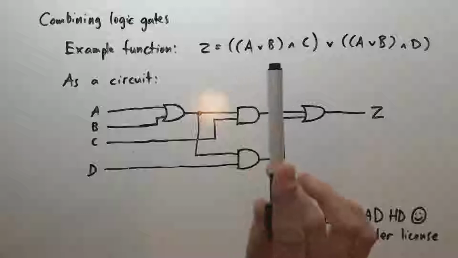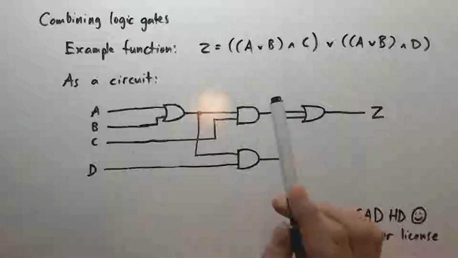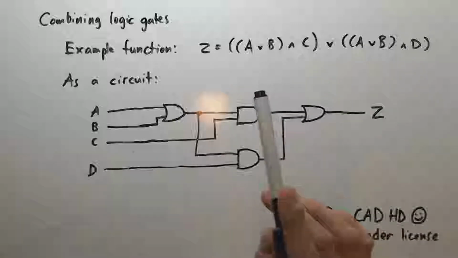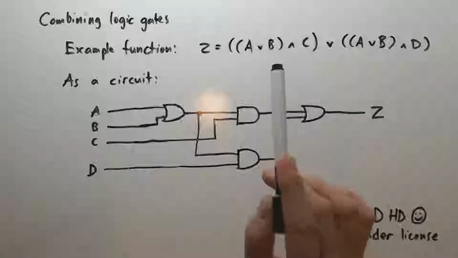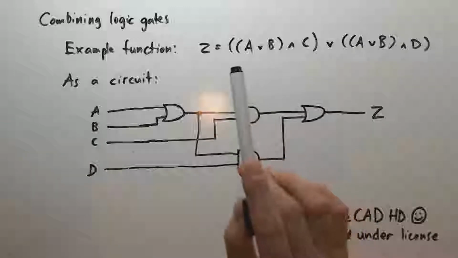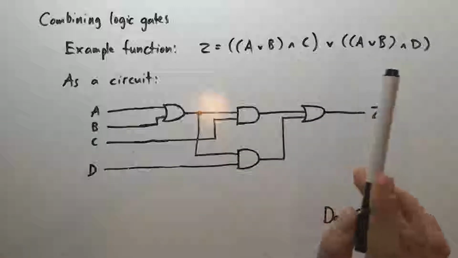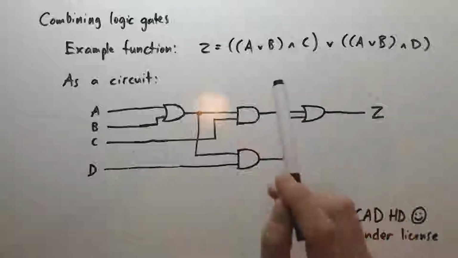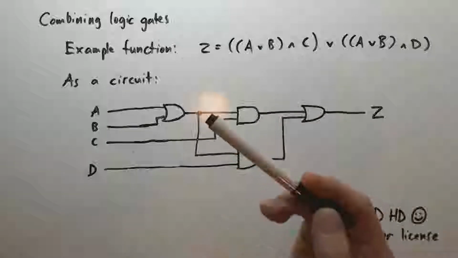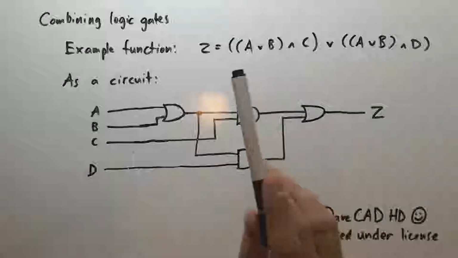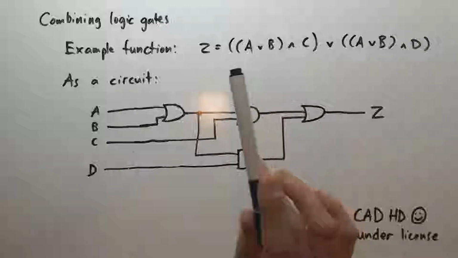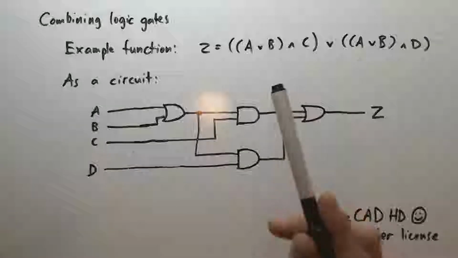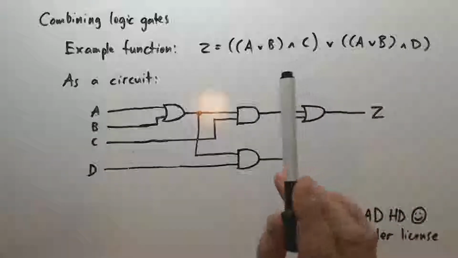And when you have a common sub-expression, meaning you are combining the same inputs using the same operator or combination of operators, the output of that sub-expression is going to be the same in each of the places in the formula in which that particular sub-expression occurs, which means you can use a single hardware implementation of that sub-expression and simply reuse its output value in each place in the circuit where that output is required.